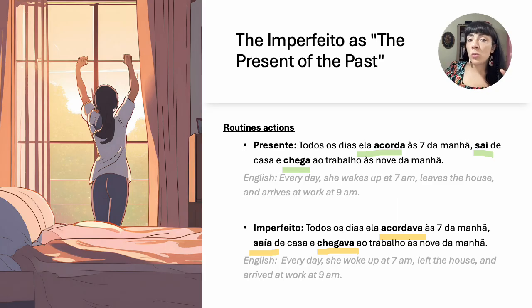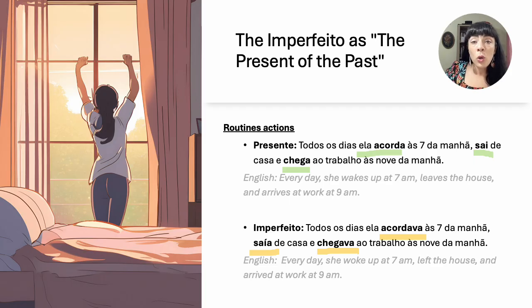Now, whether it is written in the present or in the imperfeito, both tenses express habits or routines, but one in the present and another one in the past. And there's another feeling here of non-completed actions. Just like the present simple, the imperfeito does not emphasize whether an action was completed, but rather that it happened regularly or as a pattern.